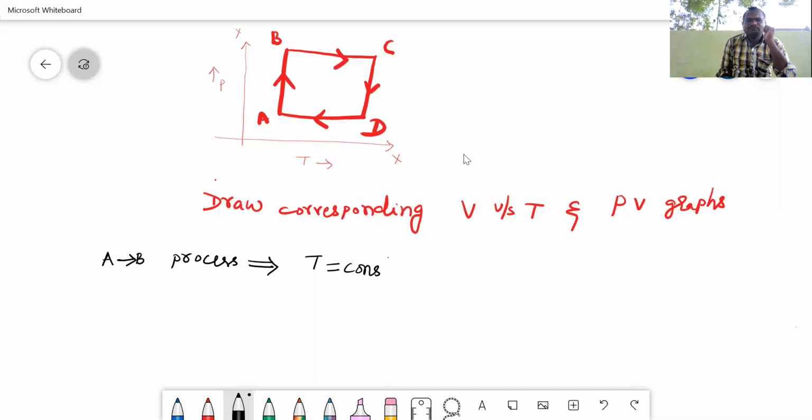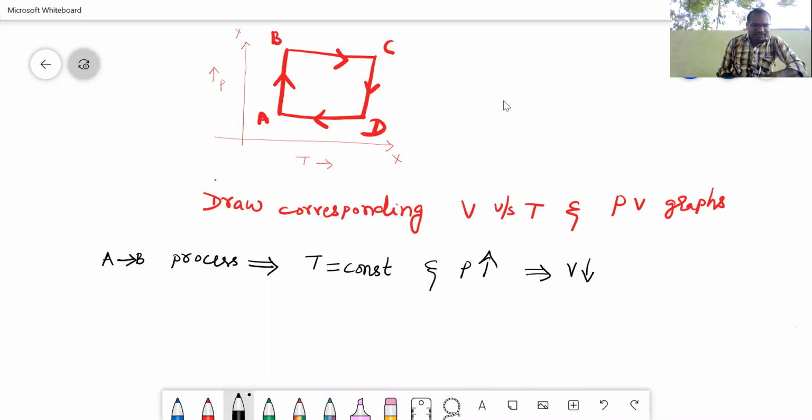And pressure is increasing. Correct? So when temperature is constant and pressure increases, what happened to the volume? According to Boyle's law, when temperature is constant and pressure increases, volume should decrease. This is what should happen in process A to B.